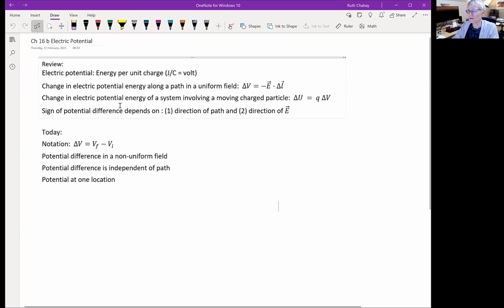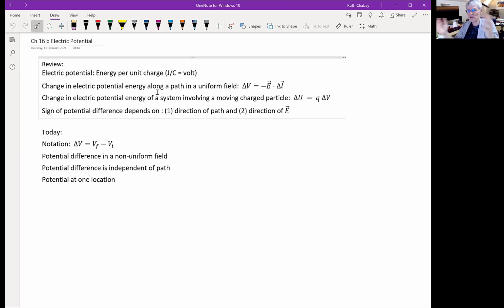We found the definition of change in potential, and the symbol is a capital V, for volts, along some path. When we talk about energy, we're always talking about initial and final locations or configurations.